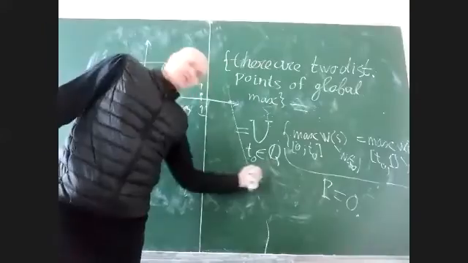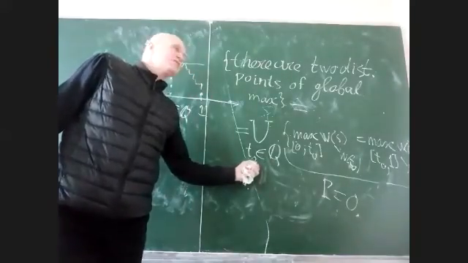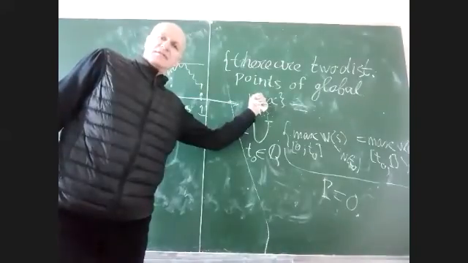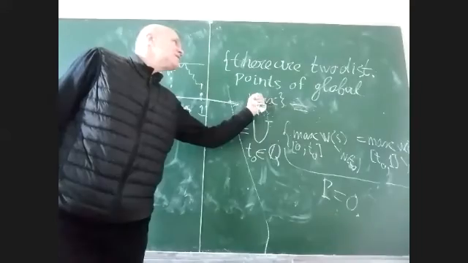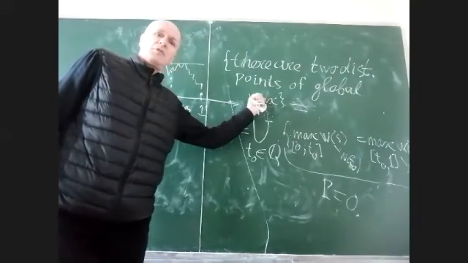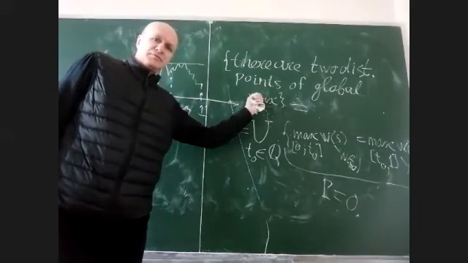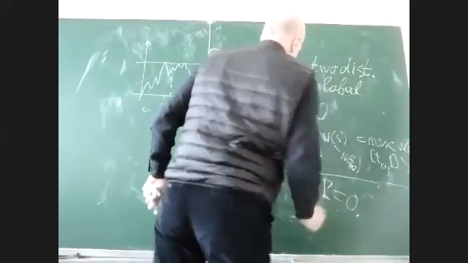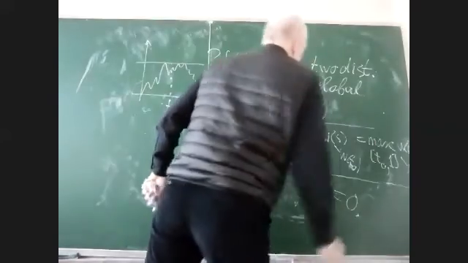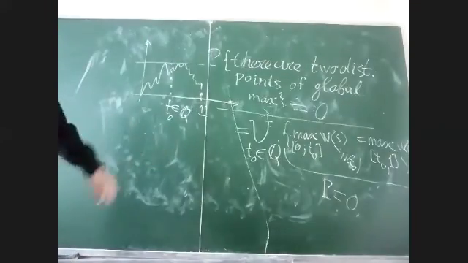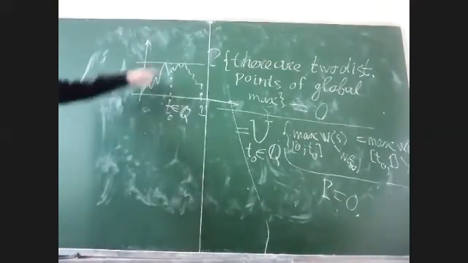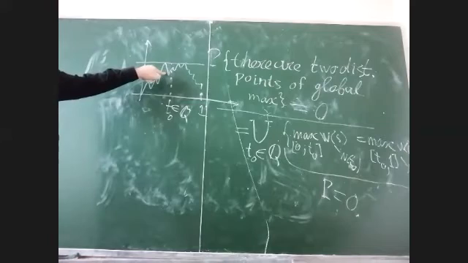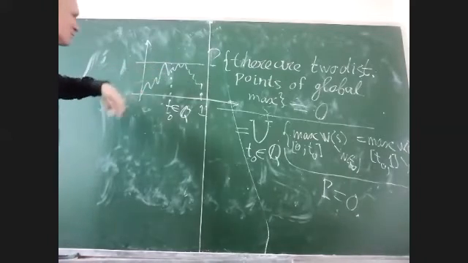Here we have a countable union, and due to this the probability that we have two points of global maximum is equal to 0. Finally, we get that this probability is equal to 0. So we proved that this is a wrong picture for the trajectory of Brownian motion.